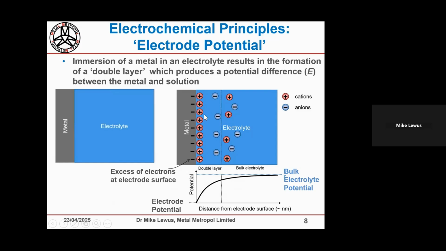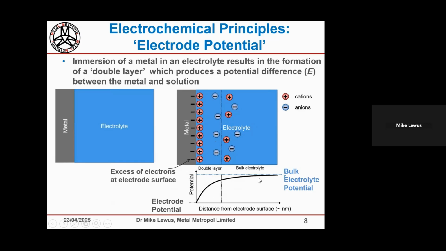And because these positive ions are at the surface, they attract other negative ions. That's other anions. Negative ions are going to be attracted to an anode. So we actually get a collection of a greater number of anions in the vicinity of that film of positive ions.